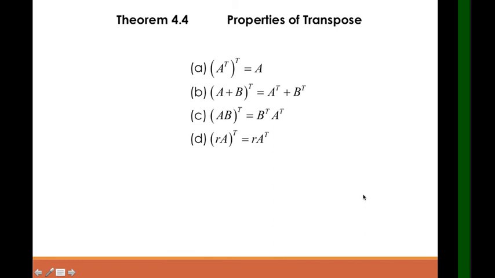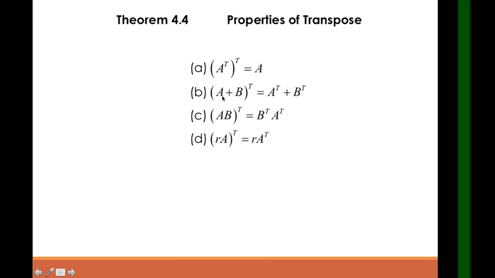Now, the last property will be the properties of transpose or transposition. So for property number 1, we have quantity A raised to T is equal to A. It's like we just cancelled the two letter T's.